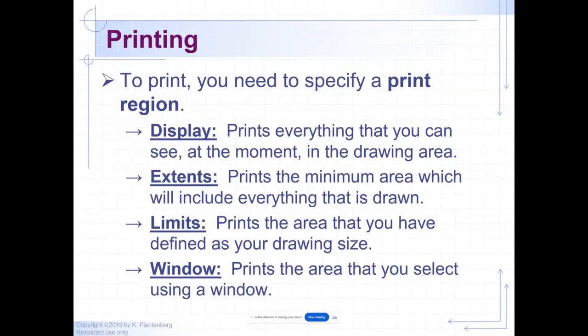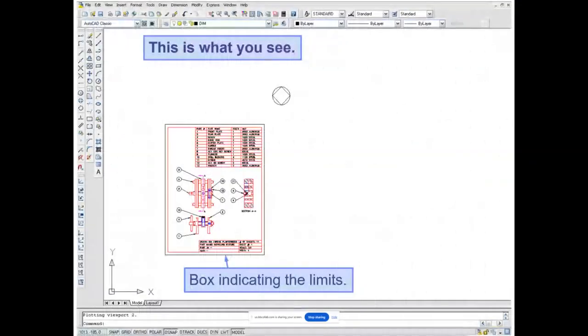We don't do any actual parts and stuff on there. In fact, it's not a good idea to even dimension on there, but you can. It's a whole lot better to do everything that you want to do with your object in model space. So anyway, these are the options you have: display, extents, limits, and window. And then you can also specify a print region, or window.